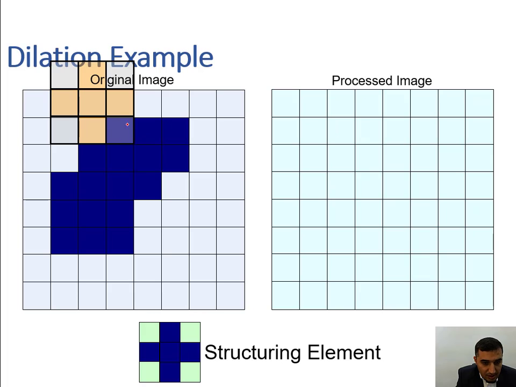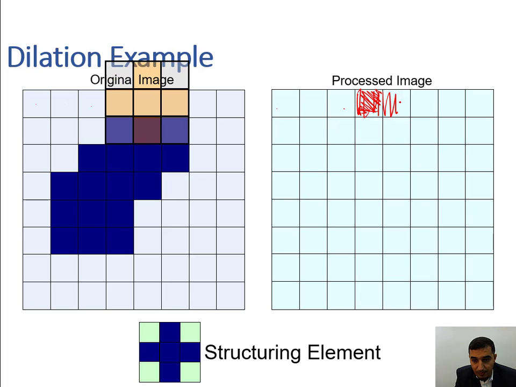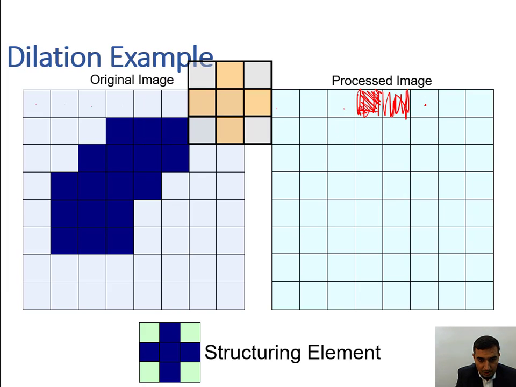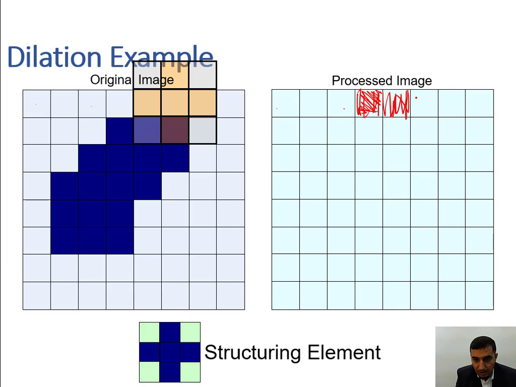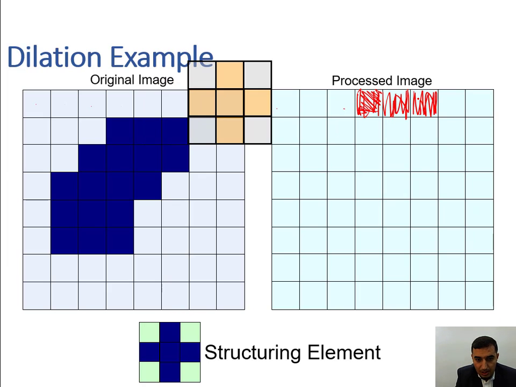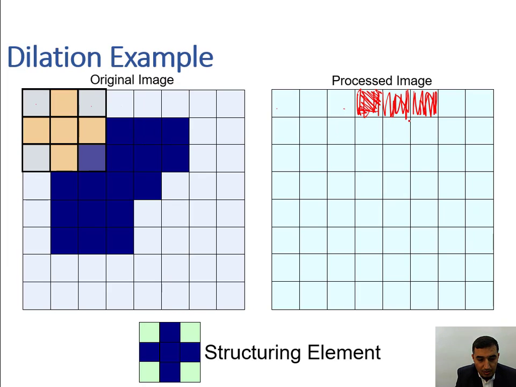Now still nothing has happened because this is our structural element. Now this pixel is part of the structural element, so pixel 1, 2, 3, 4 is now part of our image. Okay, pixel 4, pixel 5, pixel 6. Then pixel 3.